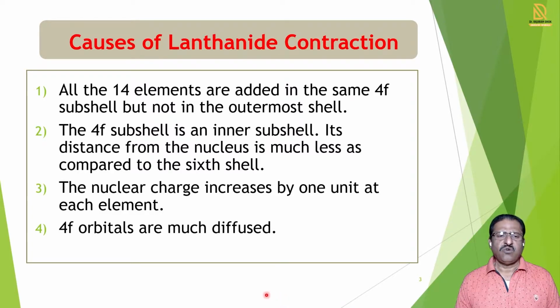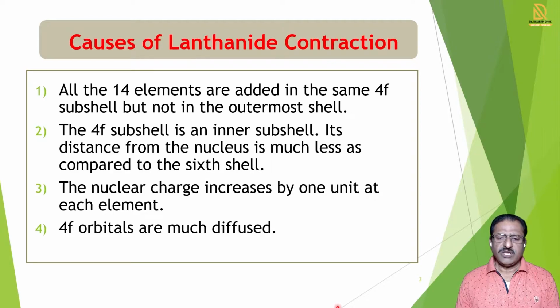The second cause for the lanthanide contraction is that the 4f subshell is an inner subshell, close to the nucleus, and because of that close distance, the electrons are compactly bound to the nucleus as compared with the 6s shell electrons. Because the 4f shell is close to the nucleus, the nuclear attraction on the 4f electrons is more.